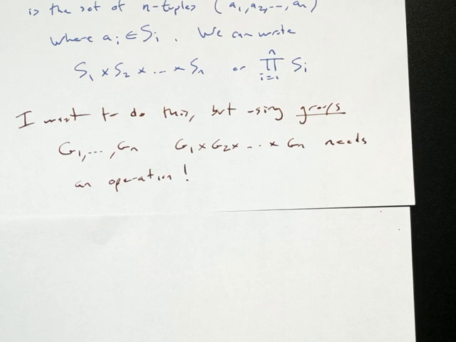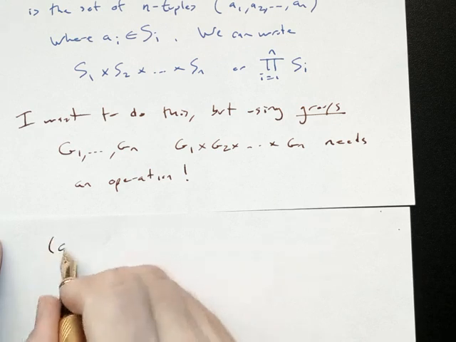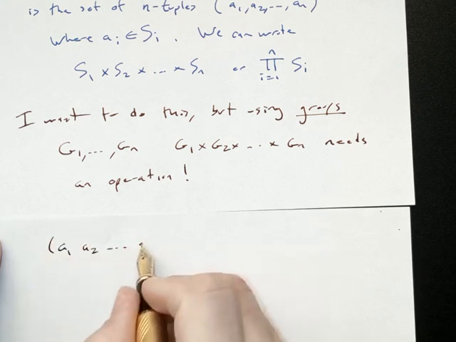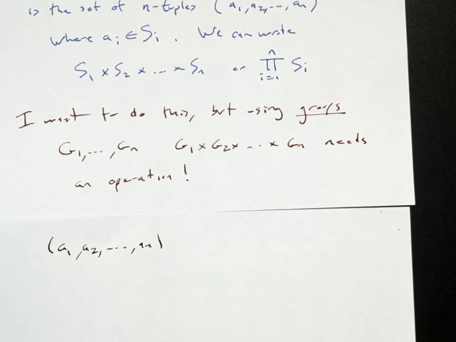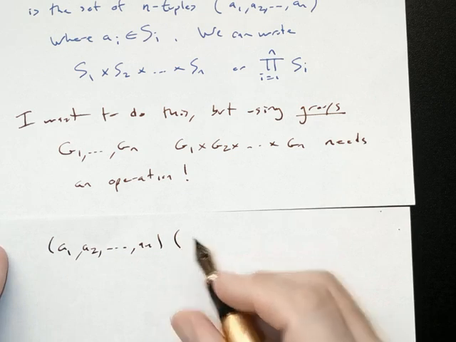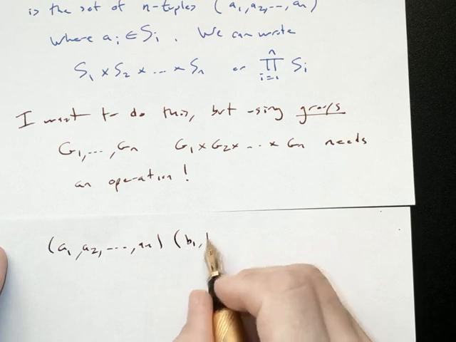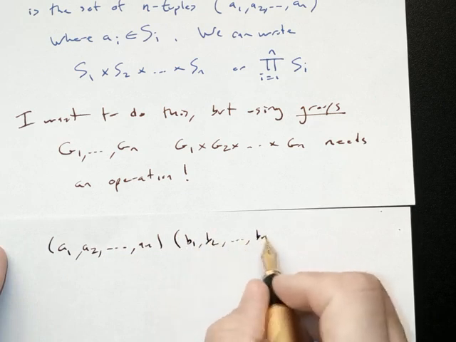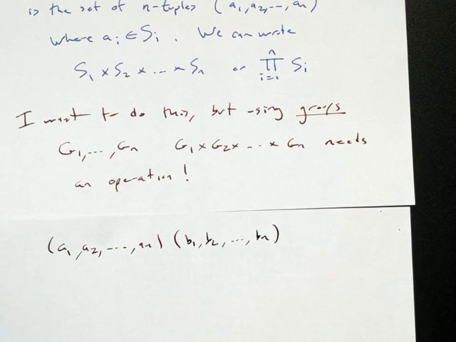So what if I said, when I take an ordered n-tuple and I multiply, I'm going to use my multiplicative notation because I don't know what this group is, by another element, I'm just going to do this by component. So do A1 with B1 with whatever operation was in group 1, because A1 and B1 are both in group 1.